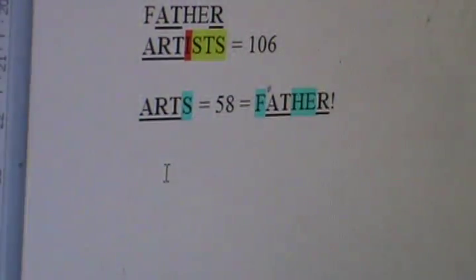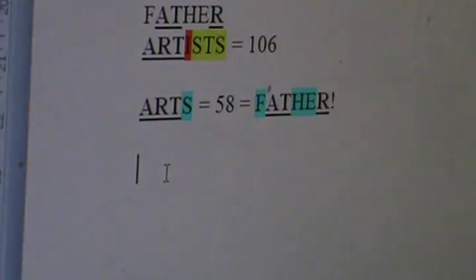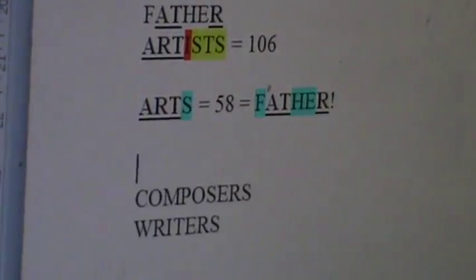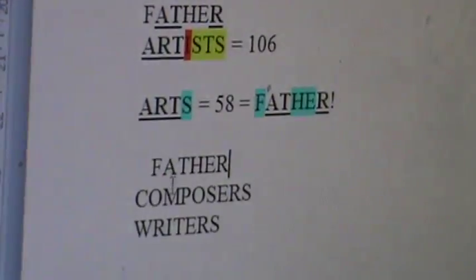And then paintings and sculptors and all this. Artists, designers. And then workers, works, and oh, who created all the world's composers and all the world's writers? Well, Father did. Composers, Father. So look at the offset.